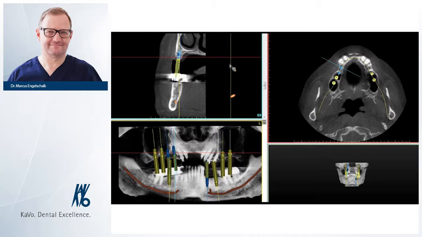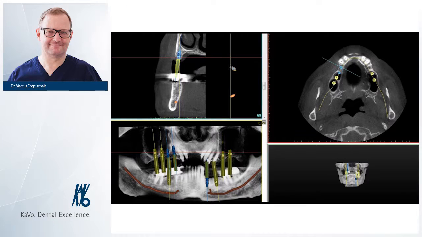So what can we see? It's better not to work without controlled vision about what you can expect. So in this case, mostly we recommend cone beam X-rays because we want to see these structures.